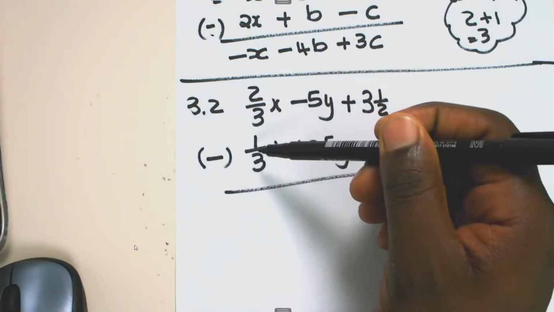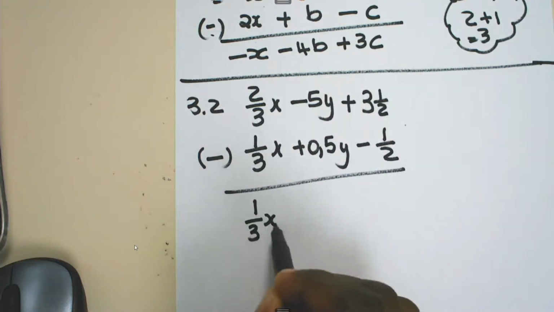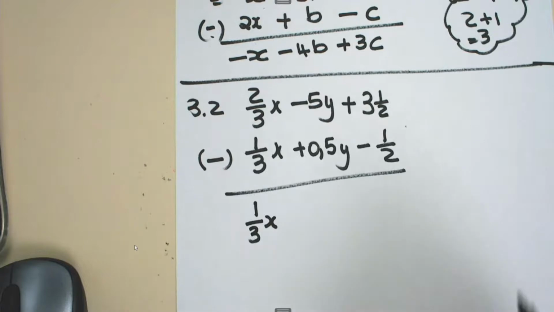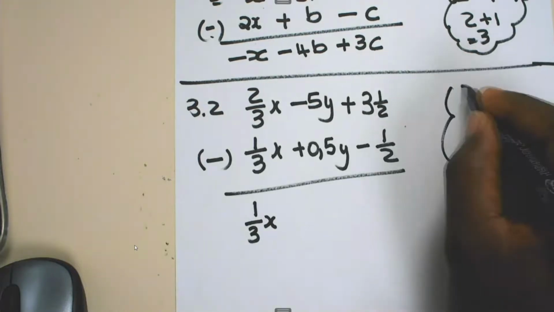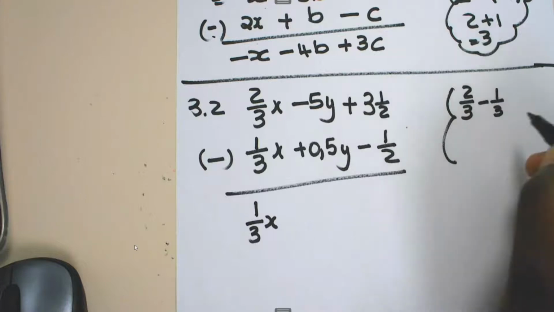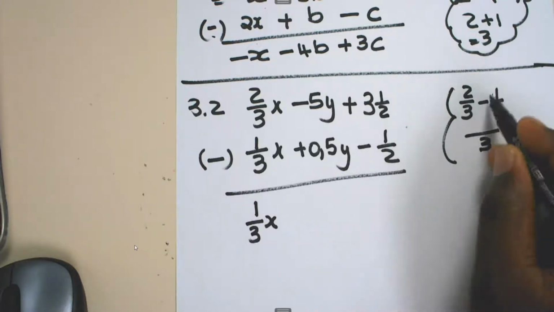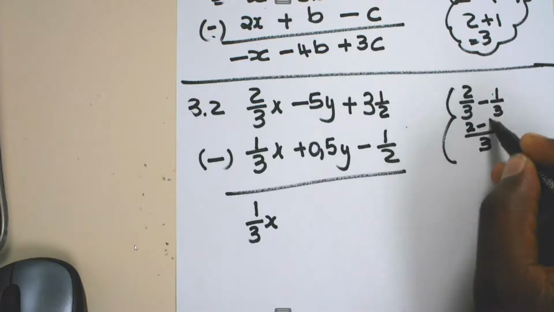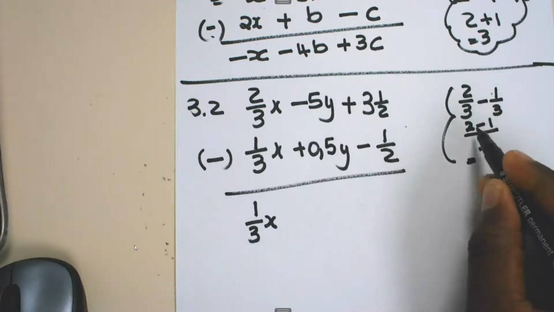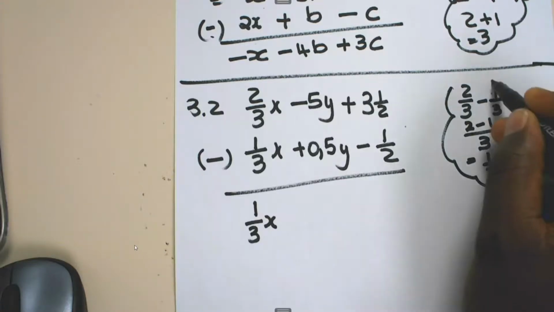You're going to be left with how many thirds? With 1/3. Can you get the logic there? The denominators are the same, and then you subtract the numerators. So 2 minus 1 is 1 out of 3. Can you see that? All right.